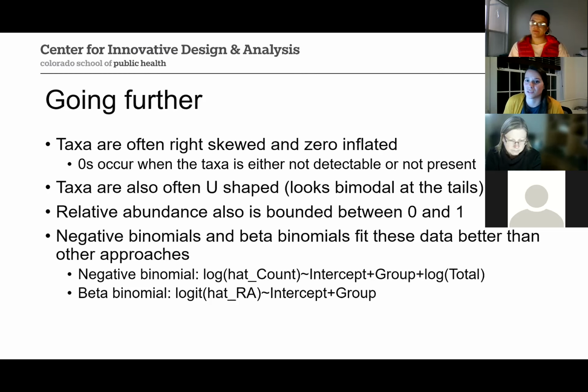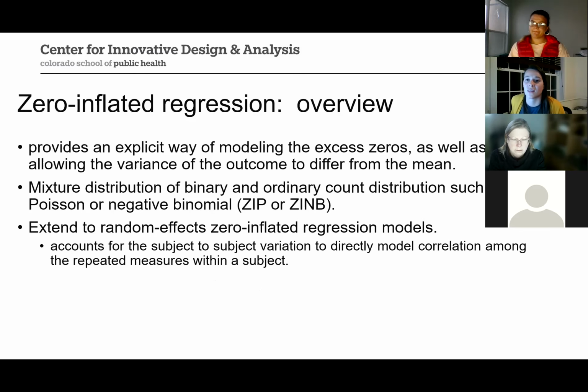So things that we do for this are we often think about negative binomials and beta binomials. And then I kind of listed out what that notation looks like. But also, because we have all of these zero inflated data, we want to think about zero inflated regression. So zero inflated regression basically just models the zeros on their own and then adds whether or not you have it to your relative abundance.